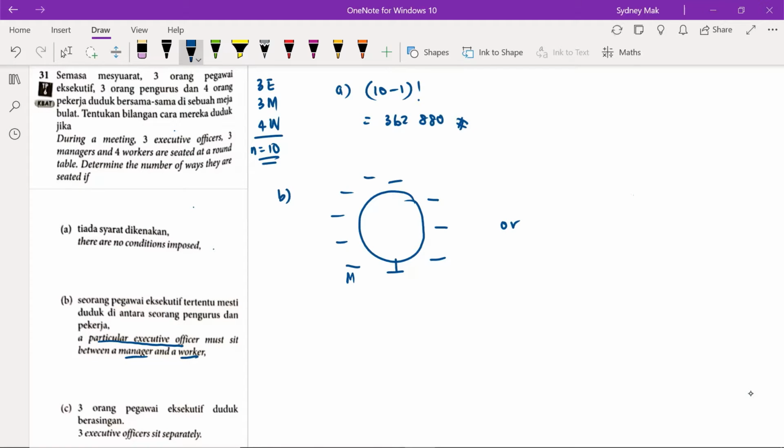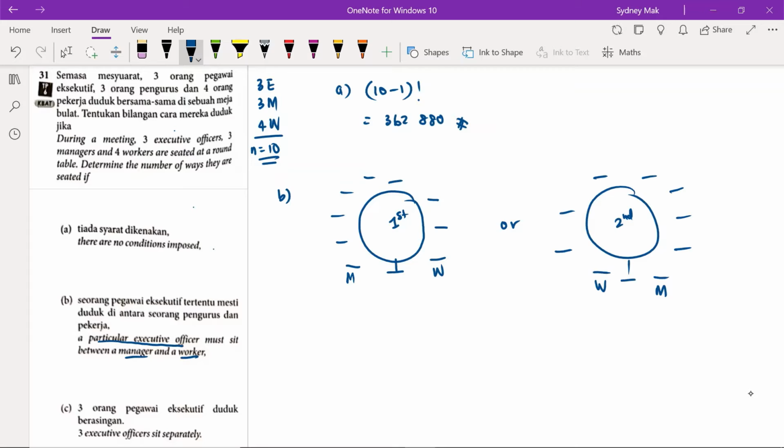It's either like this: the workers sit here and the managers sit here, or the workers sit on the left and the managers sit on the right. Fill in the blank, 1, 2, 3, 4, 5, 6, 7, 8, 9, 10. So for the first scenario, and this is the second scenario.